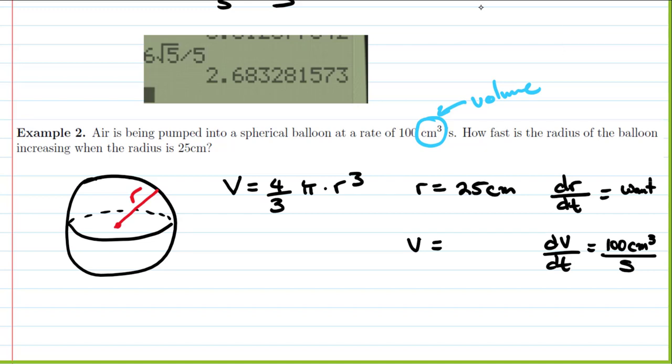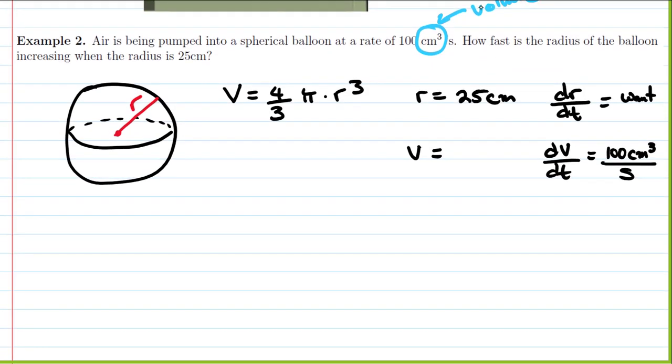So we could solve for V in this case, but since V is a linear function by itself, it turns out when we take the derivative, there's going to be no V's left. So we're not going to have to solve for it. If you do, it's not going to be a serious problem, but we're now ready to take our derivative. So we take our derivative d/dt of both sides of our equation.